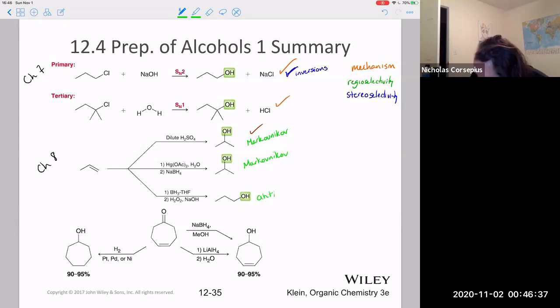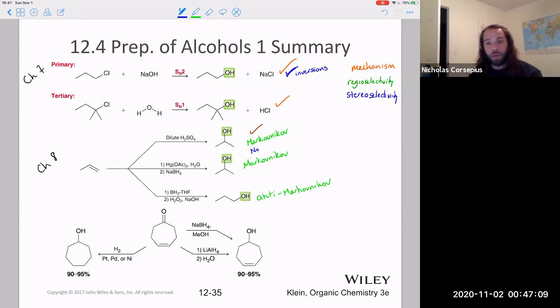And then the third method that we had, the hydroboration reactions, those were anti-Markovnikov. And then in terms of stereoselectivity, there's no stereoselectivity in the acid catalyzed hydration reactions.